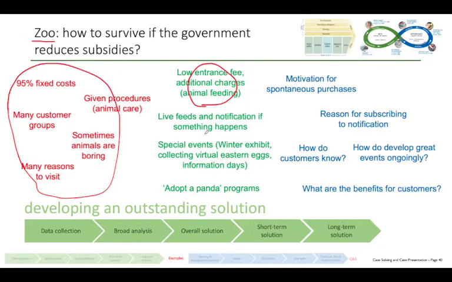Then another solution might be that we have something like digital live feeds, and notifications to interested customers or subscribers if something happens, if the lion starts eating or whatever it is. Maybe that is a rather long-term solution.